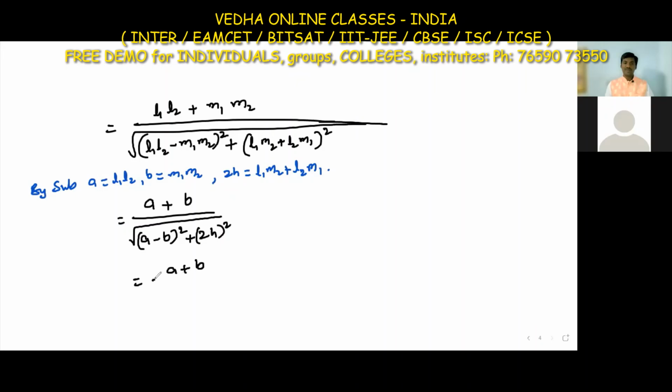So A plus B whole divided by under root of A minus B whole square plus, either we can write it as 2H whole square or we can write it as 4H square. This is the value of cos theta, the required angle between the pair of lines.